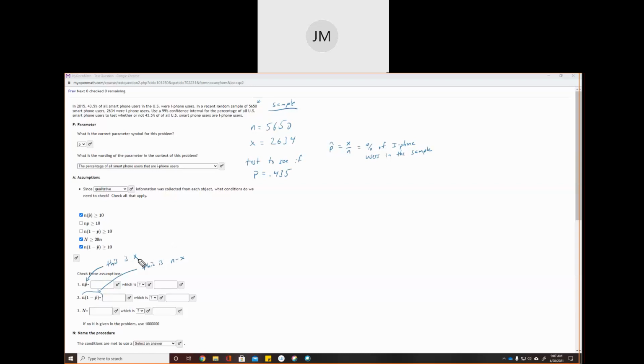Or sorry, X is the number of yeses, N minus X is the number of no's. So this is 2634, and this is 5650 minus 2634, which is 3016.